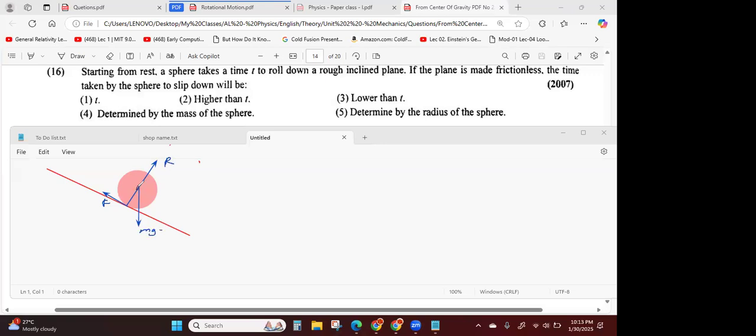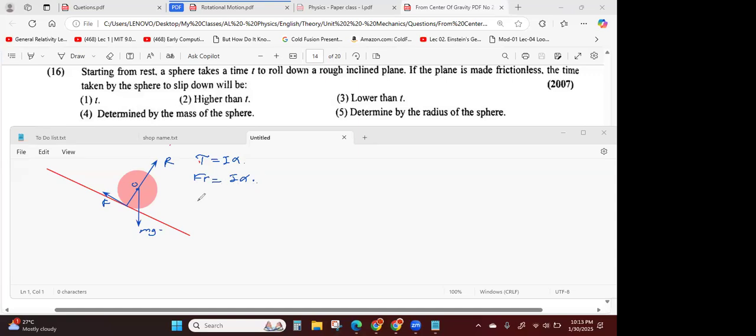We can take the torque about the point. So we can write tau equals I alpha, and also tau equals F times d. So F into d equals I alpha. This distance is the radius, so F into R equals I alpha.